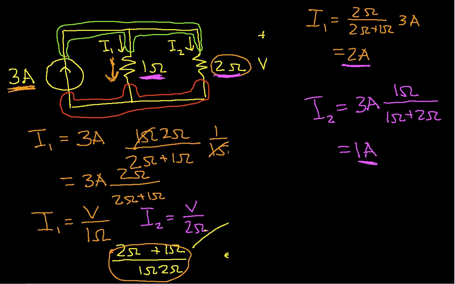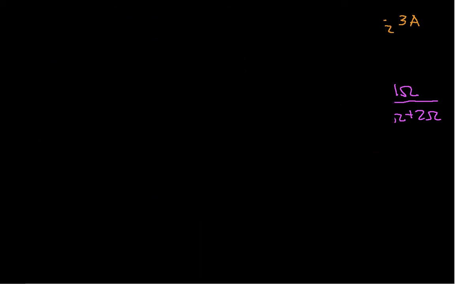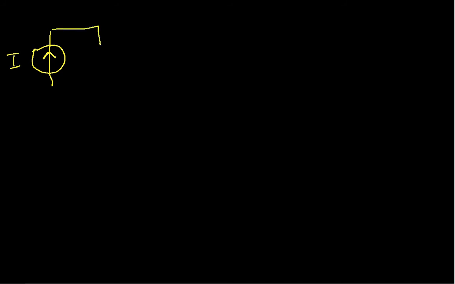So that basically gives us the current divider. And what I'll do now is rewrite it in a nice tidy form to make sure that it makes sense. So I have some current here, which I'll just call I. I have a resistor R1 and a resistor R2.